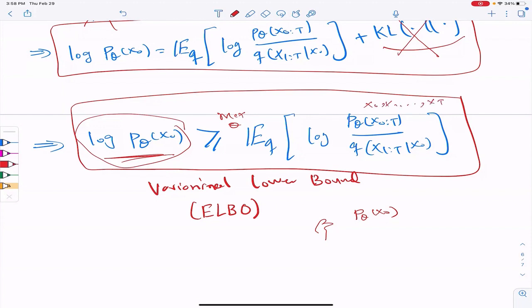So how can I bring out one p theta of x0? Just the joint probability rule, right? So this term can be written as p theta of x0, p theta of x1 to xt given x0, that's the numerator, divided by q of x1 to xt given x0.